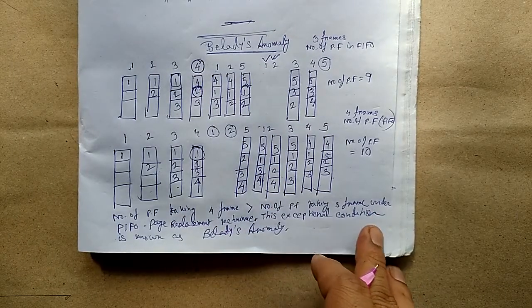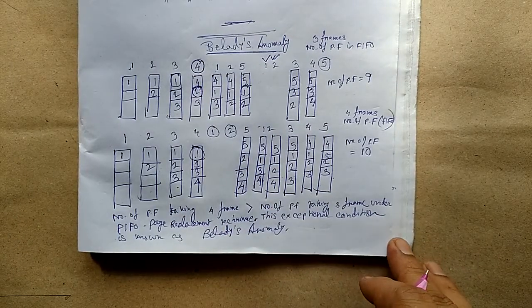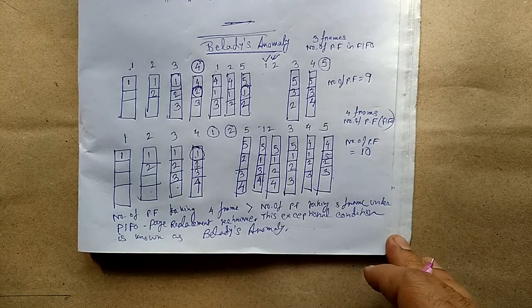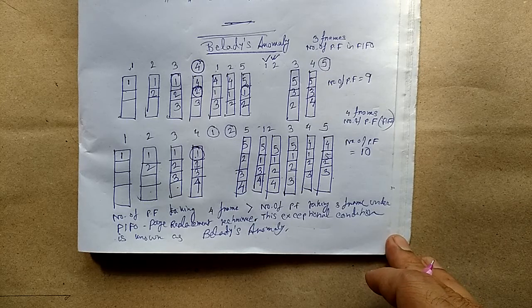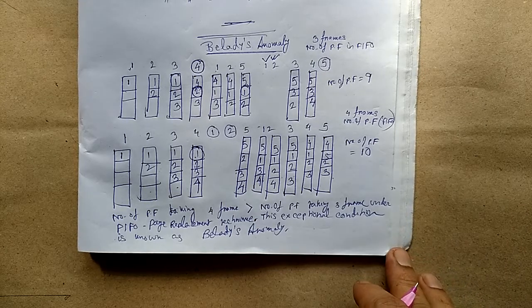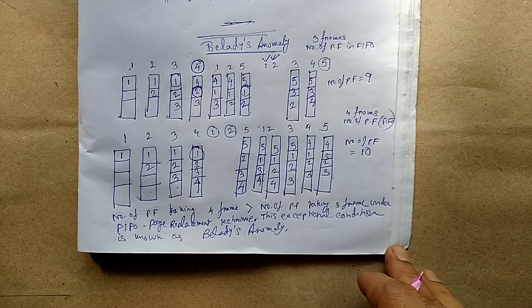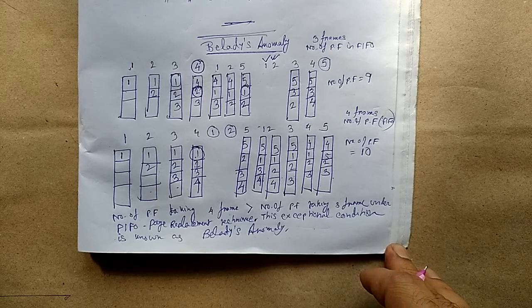Why is this an exceptional case? Because if we increase the size of the page frame, or the number of page frames, then the page faults should be reduced.